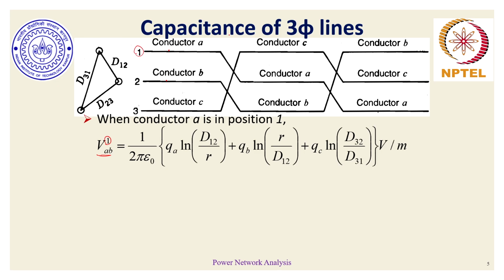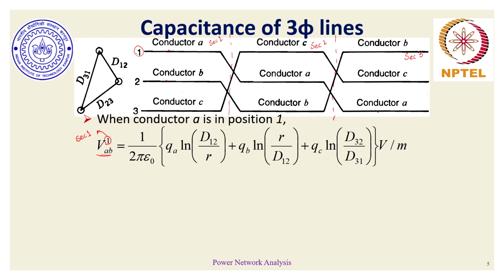By 1, 2, 3, I would mean if I were to segregate these transposition halves into 3 different sections. If this is section number 1, section number 2, section number 3, then 1 here essentially means section number 1, not position number 1.